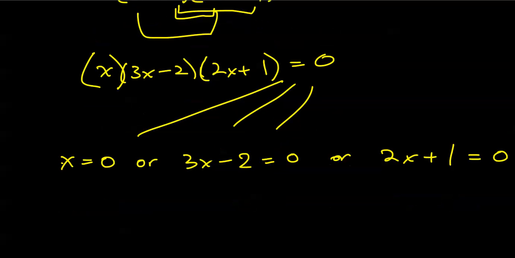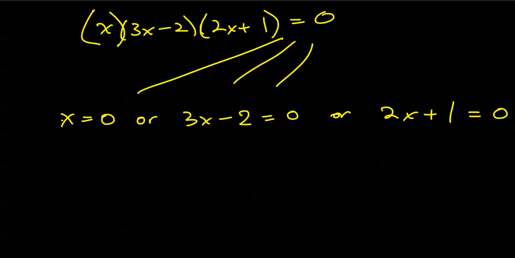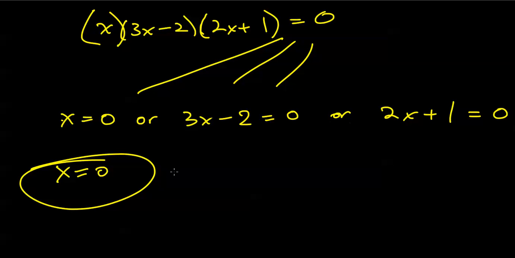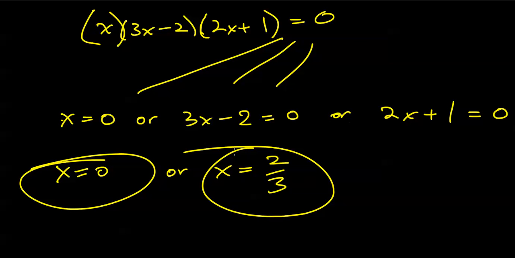Okay? Alright, now all 3 of these branch equations I can solve pretty easily. Notice x equals 0 is a solution, so please include it in your solution set. In the middle branch, I can just add 2 to both sides and divide by 3, so x equals positive 2/3.